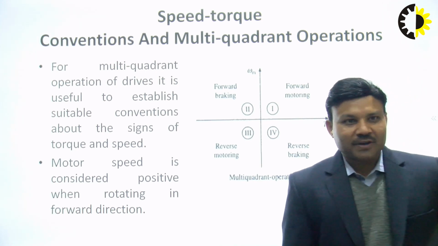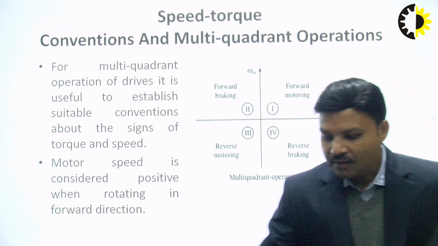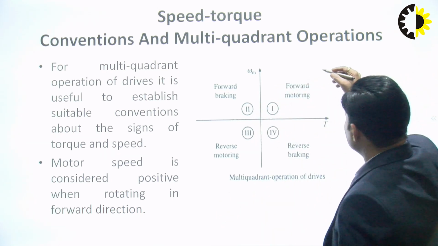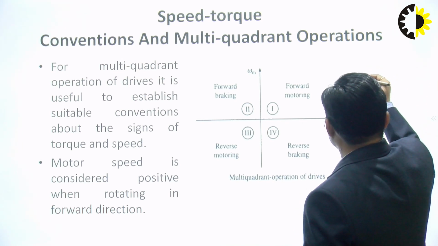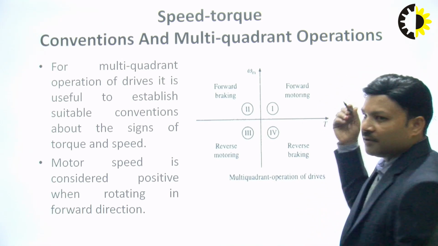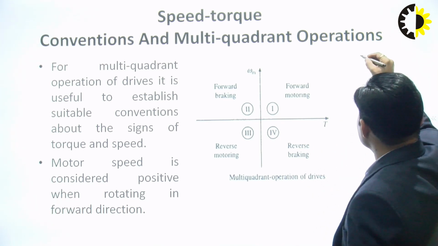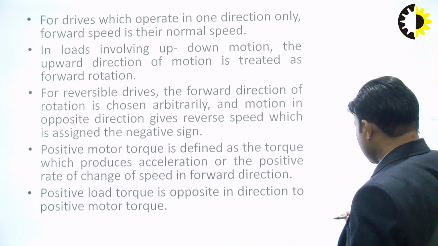Important here is, in forward motoring mode, we want to have convenience of direction of speed, that is omega.